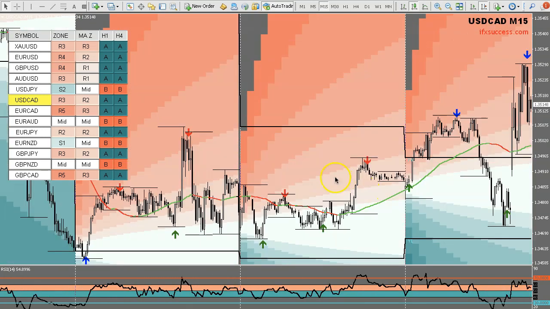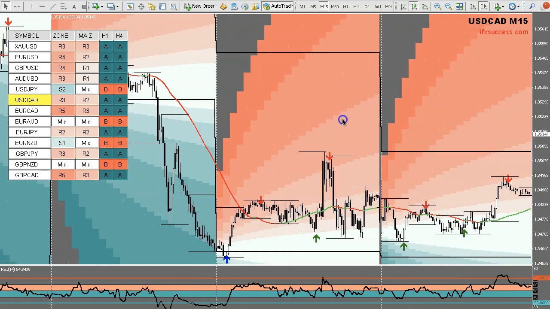So let's take a look in here on this dollar CAD right here. What do you see in here? Well, this is yesterday's low. This is prior yesterday's low. What is this doing? It's acting as a nice resistance, and we are inside this bubble. So it's best to look for sell entries, and then we can consider a buy entry if we have a double top or bottom.